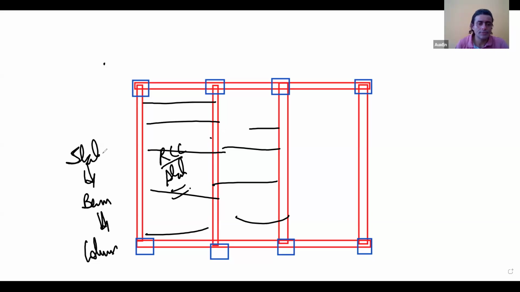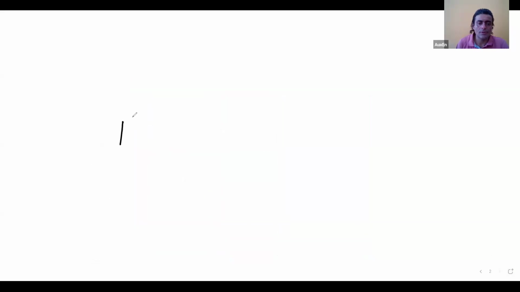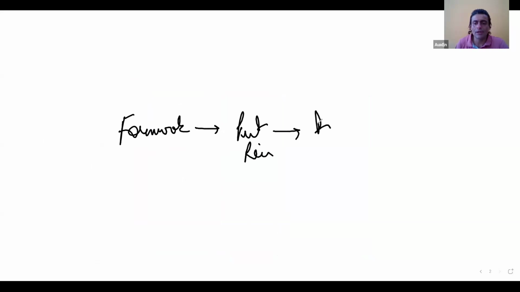Now suppose, so you put formwork, then you put reinforcement, then you do the concreting, then you remove the formwork. Correct? This is the usual process that we follow.